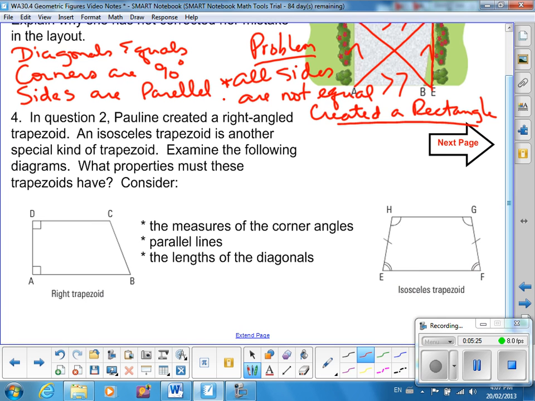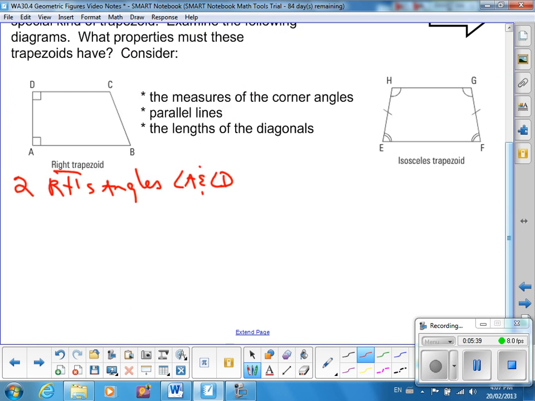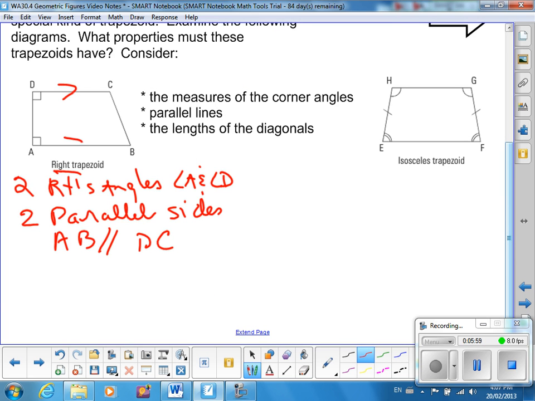So this one is a right trapezoid, so it must have two right angles, angle A and angle D, and it has two parallel sides. AB is parallel to DC, so these two are parallel.